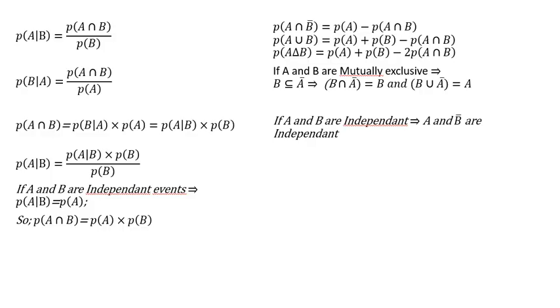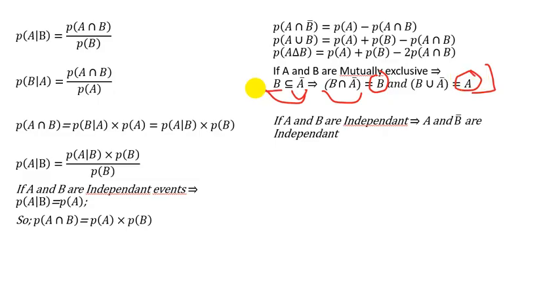Another property: if A and B are mutually exclusive, that means B is a subset of A bar, and this implies that the intersection of B and A bar equals B, and B union A bar equals A bar.